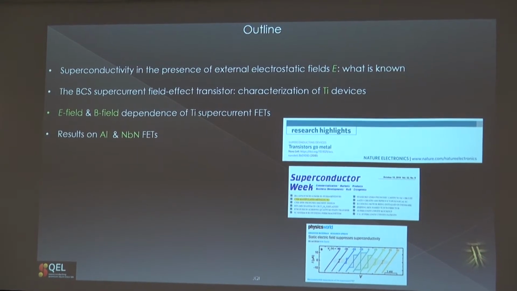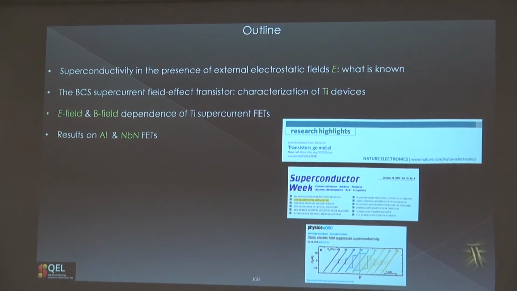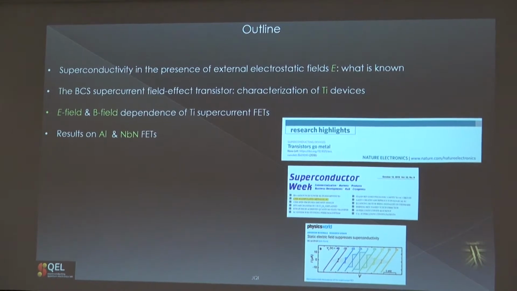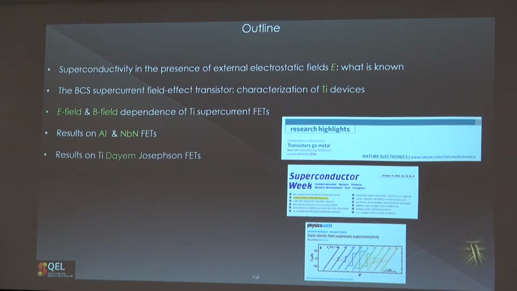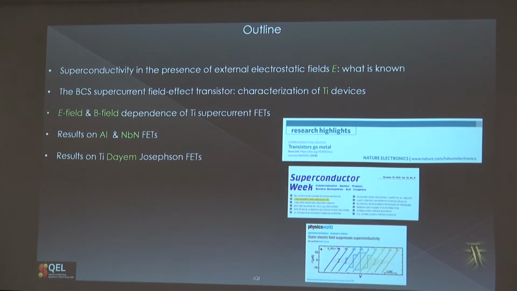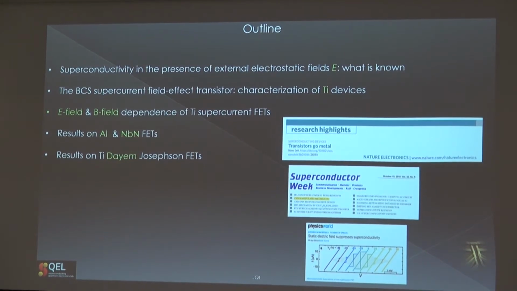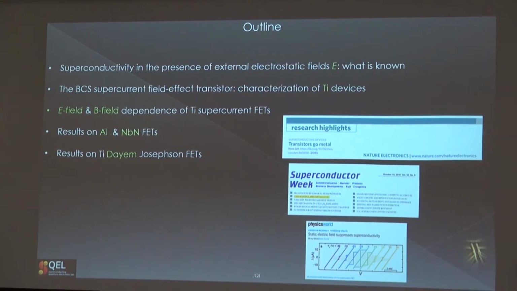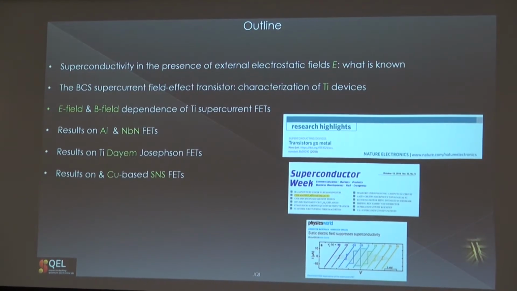Then I will show that the result is quite ubiquitous in the sense that it can be obtained in aluminum as well as niobium nitride field effect transistors. And after having shown the results on supercurrent FETs on long wires, I will attack the realm of Josephson coupling, showing that it's still possible to have this field effect in short wires dominated by the Josephson coupling.